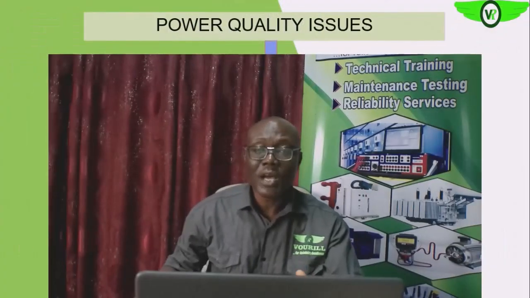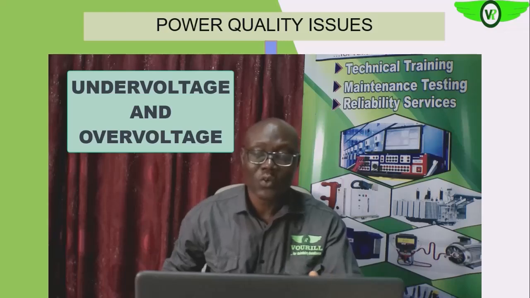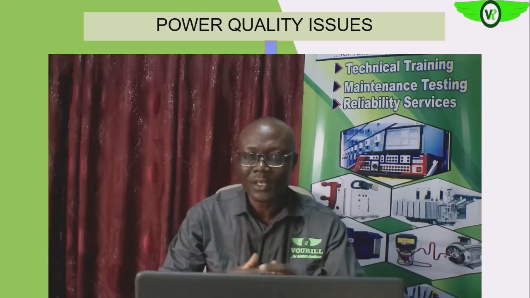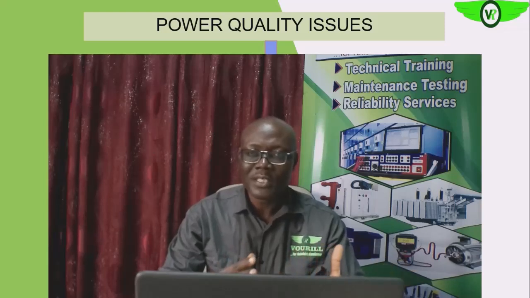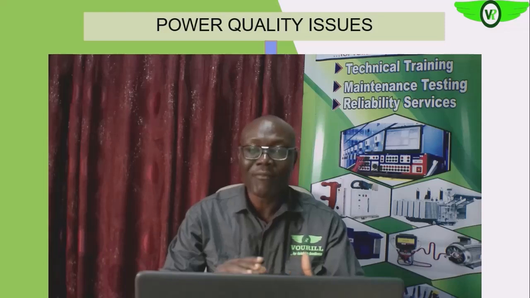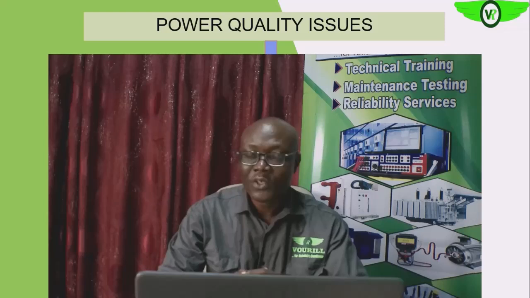So next, we are going to look at under voltage and over voltage. When we say under voltage, okay, what we mean is that the voltage is less than the normal voltage level that we expect in our system.